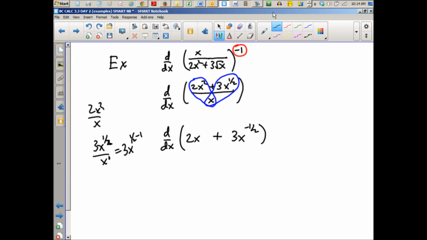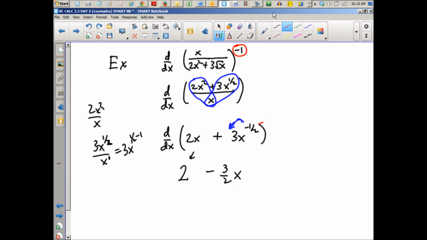And now the derivative is simply 2. That's for the 2x. Right? And then minus, be careful here, you're going to bring this down. Right? So it's going to be a negative 3 halves. X to the, and then you're going to be taking away 1 from your power, right?